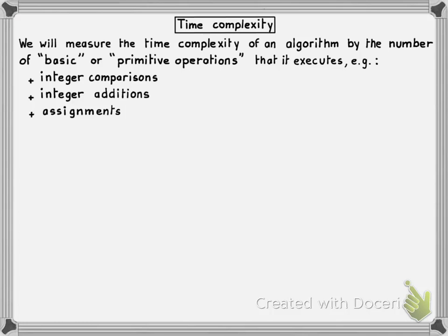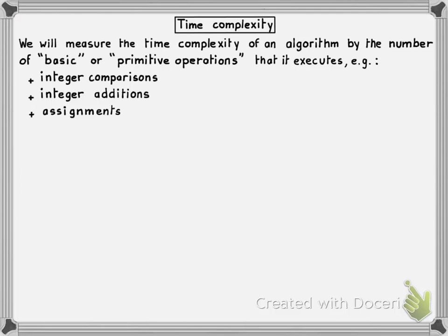So, for example, if I give you an array with 1,000,000 elements in it, and the sorting algorithm uses integer comparisons to sort that array, well, an integer comparison of two integers takes the same amount of time regardless of the size of the array or even the size of the integers. So these operations take constant time. Again, that time does not depend on the size of the input.